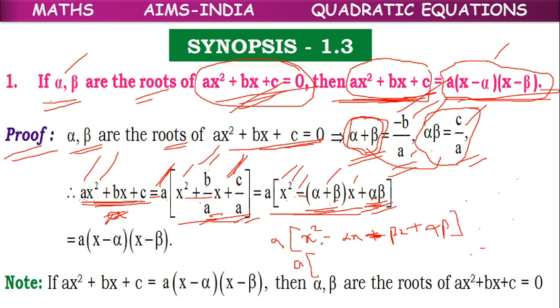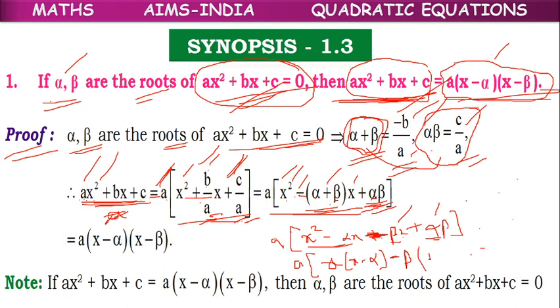Let a be like that only. From the first two terms we can take x as common, and we get x minus alpha. From the last two terms, as we have a minus here, let's take minus common, and beta as common.